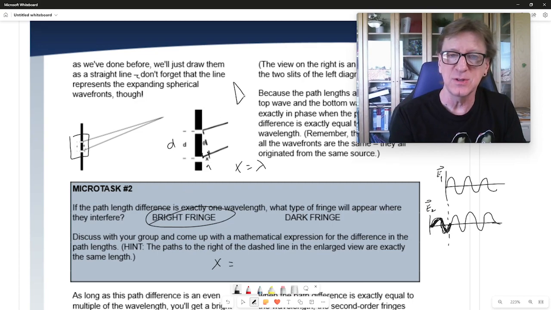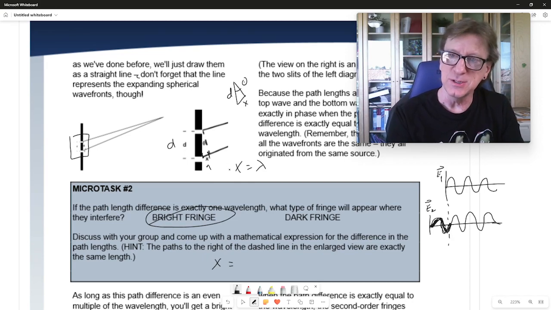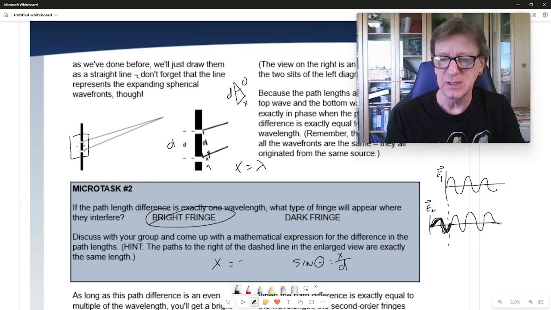Let's draw that and make sure that everybody sees that. That's the hypotenuse of my triangle. That's X. This is theta. So is that going to be sine, cosine, or tangent? It's going to be a sine. So let's write it out in full first. The sine of theta is going to be the opposite over the hypotenuse, so X over D. And so that means X is going to equal D sine theta.